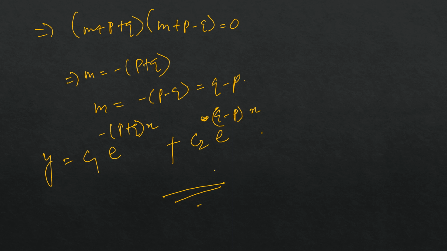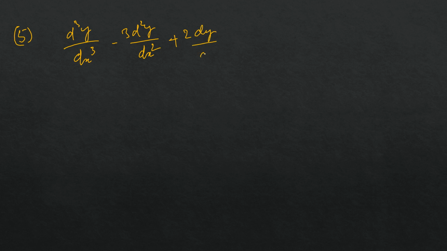The next question, question number 5. Consider the differential equation d cube y by dx cube minus 3 d square y by dx square plus 2 dy by dx is equal to 0.